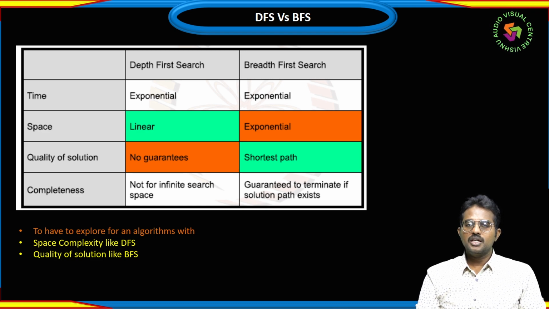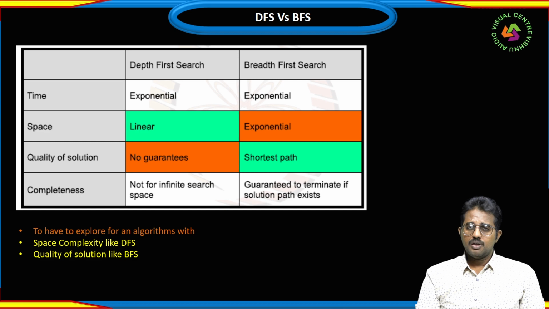In terms of completeness and quality of solution, DFS will not be complete if the particular graph is an infinite graph, because DFS will deviate from the goal node and go into an infinite path. Whereas BFS will guarantee to find the solution, and it will also give the shortest path after some time of being executed. So for executing, it is taking higher time, but it guarantees the solution.